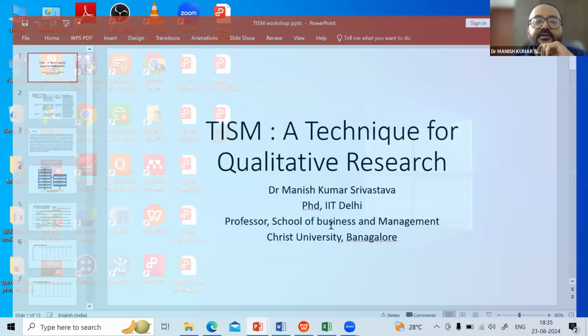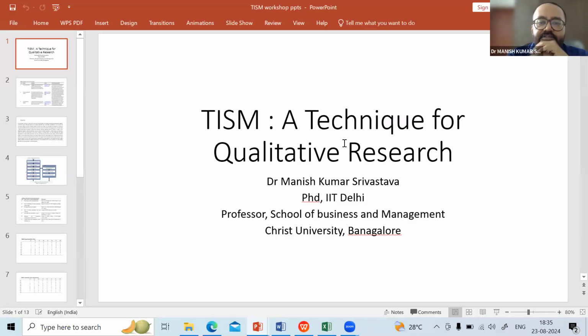So basically, TISM is a technique of qualitative research, and it is based on some dimensions or variables which are either supporting some phenomena or going against some phenomena. For example, you're talking about adoption of technology.